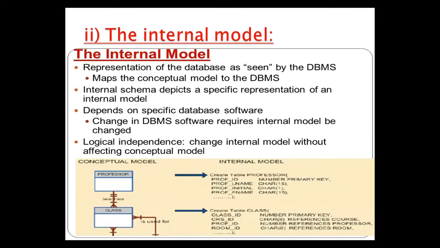The internal model, also called the physical model, deals with the physical storage of the database as well as access to the data, such as data storage in a table and the use of indexes for expected data access. The internal model separates the physical requirements of the hardware and the operating system from the data model.